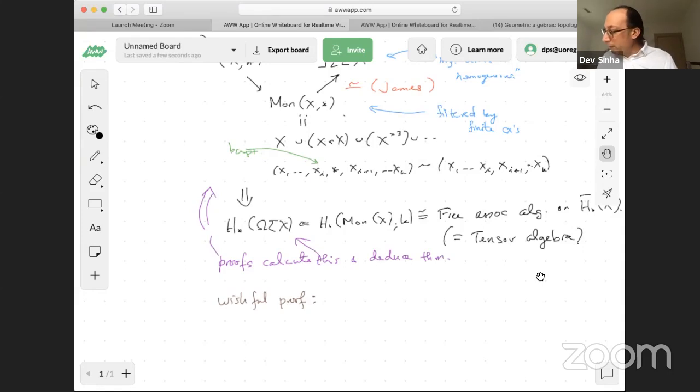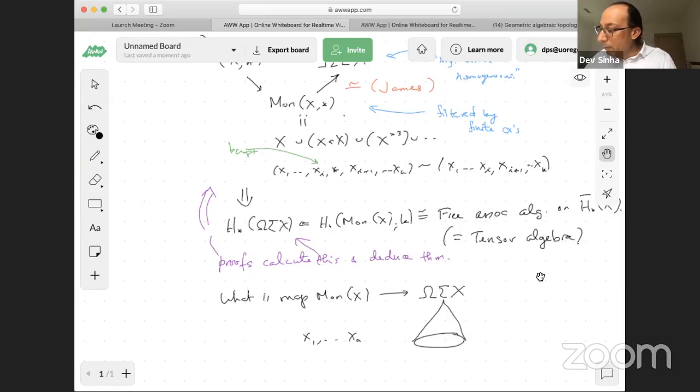What is the map? I didn't actually give the map. So what is the map from this free monoid on X to loops suspension X? Well, I'm just going to take this list. We're going to use the reduced suspension, so all of this is identified with the base point, and here's X in the middle.